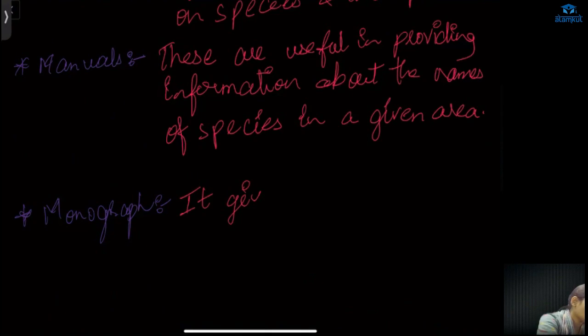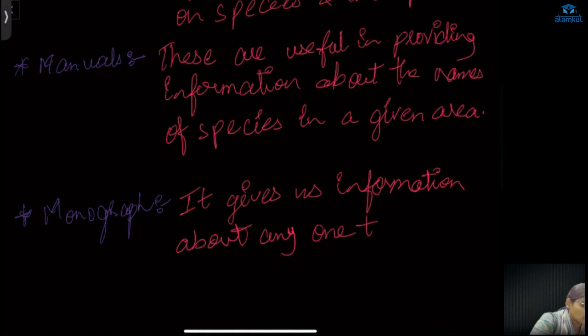One monograph will contain information about one taxon, then another monograph will contain information about another taxon. One particular taxon contains how many genera and how many species will be given under the monograph only.